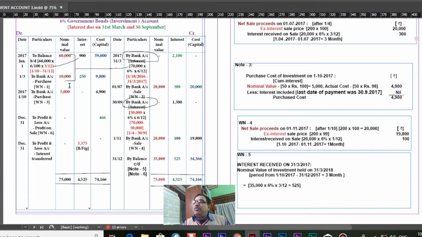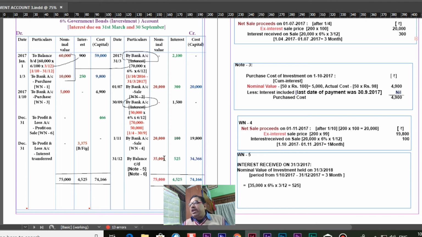There is 60,000 plus 10,000 plus 5,000, that is 75,000, and here 20,000, 20,000, and therefore balance is 35,000 naturally, and it is the balancing figure 35,000, and we got 75,000. This column is complete. Now interest column, it is important.